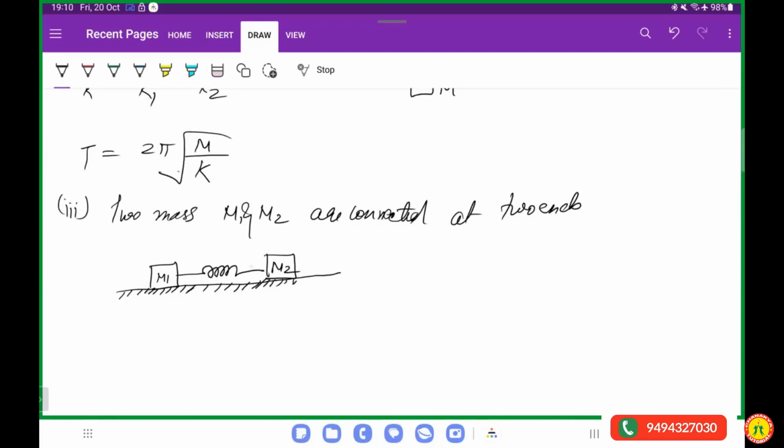If I keep M1 in a constant place, and if I stretch M2 and release, obviously it will go and bounce back.